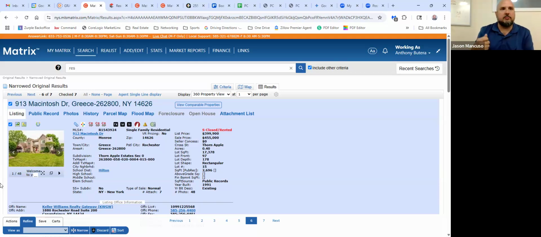Versus, here's my opinion of your home's value based on comp one, comp two, comp three, telling a story that way, rather than an automated report with all this stuff that frankly we're not even looking at. So if you're going to use one of these reports, make sure it's formatted to your liking and to your presentation style and intent.